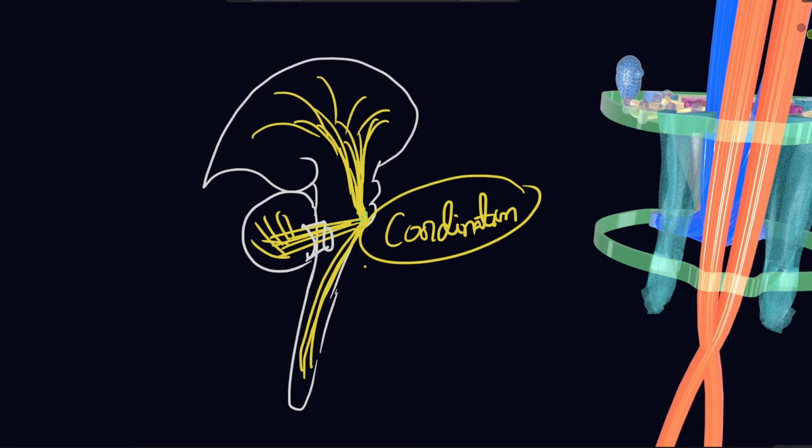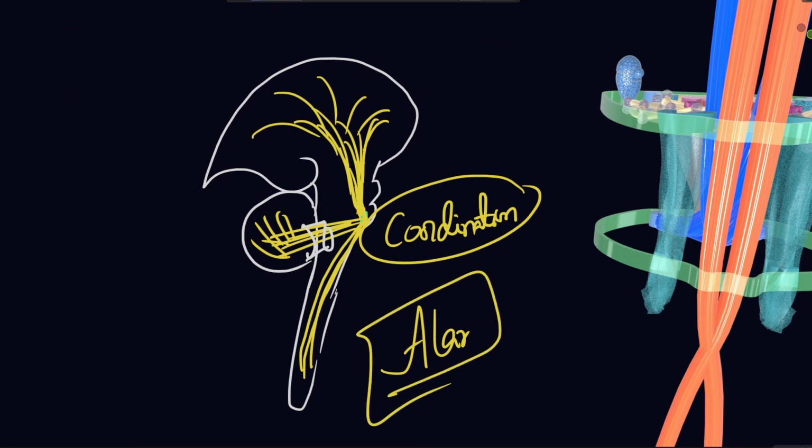So all this requires a lot of processing of sensory information. So it is more towards the sensory side as compared to motor side. So it is listening more as compared to giving orders. So that is why it is much more related with processing sensory information, and that is why it is derived from alar plate, not basal plate.